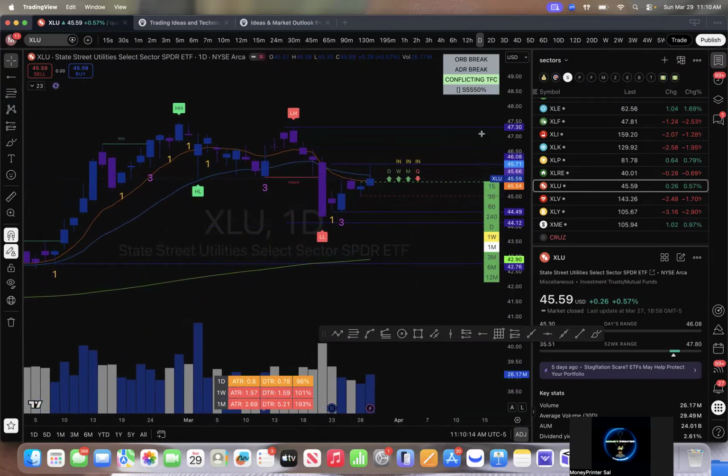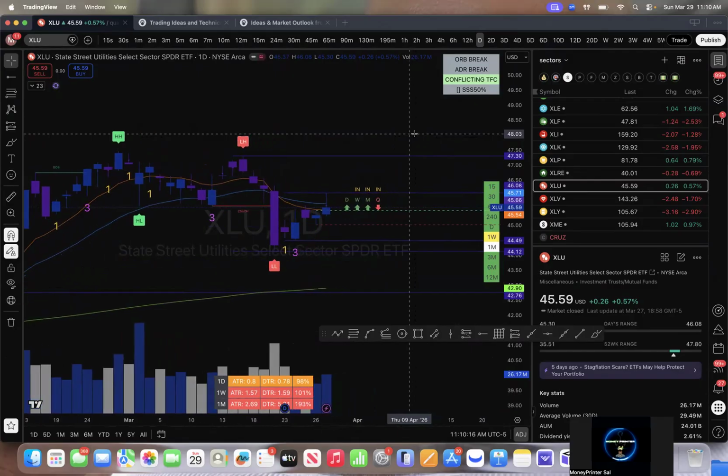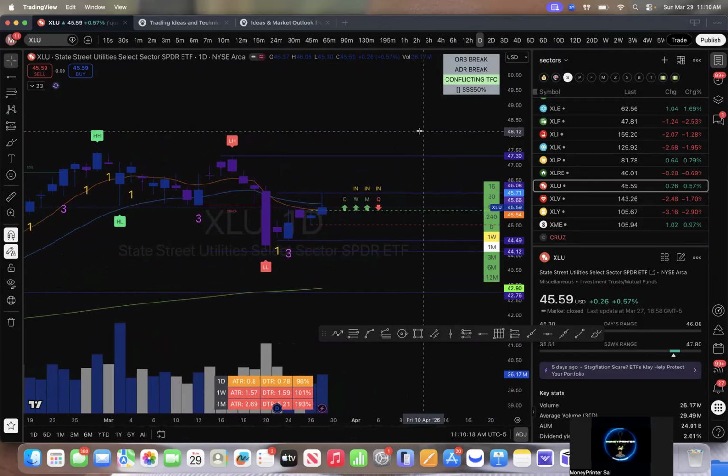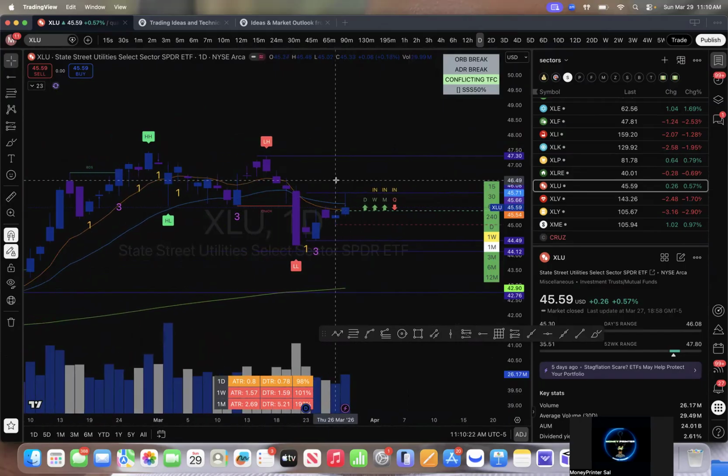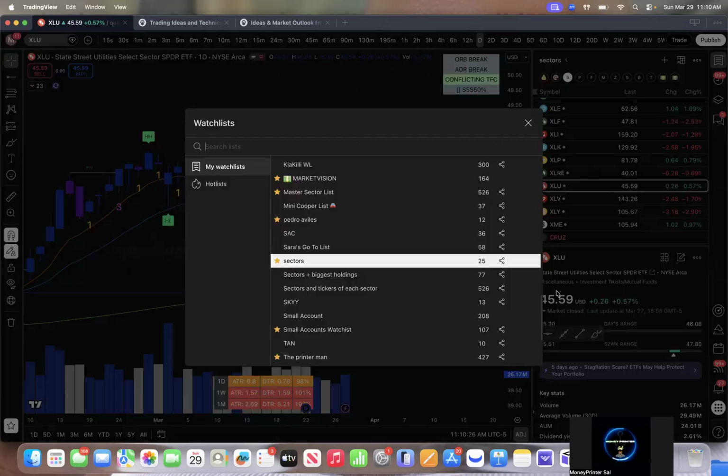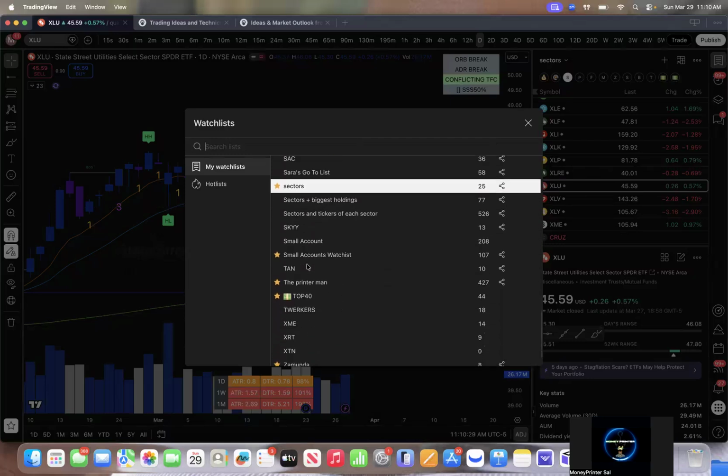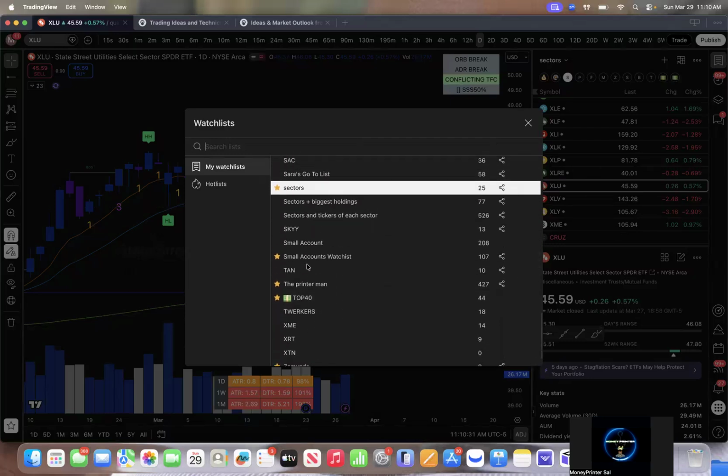I sort of want to lean bullish towards this one. I haven't traded anything out of this sector for a while. I'm not fully bullish, but it can definitely be. Let's go into the XLU sector, at least the holdings that are in it.